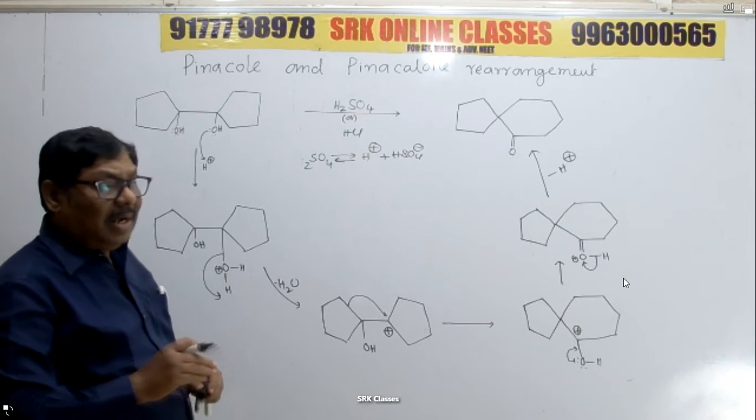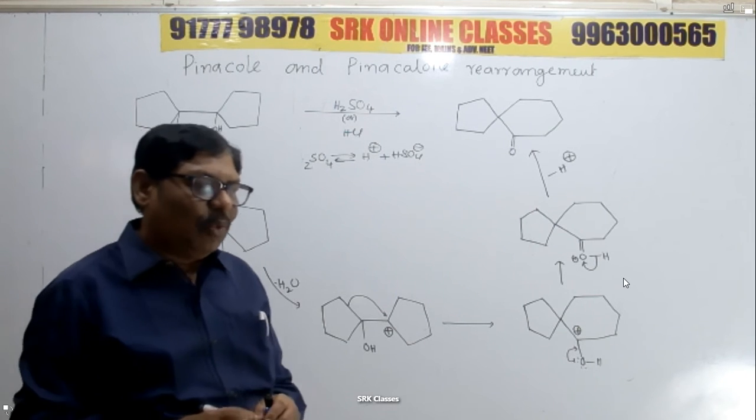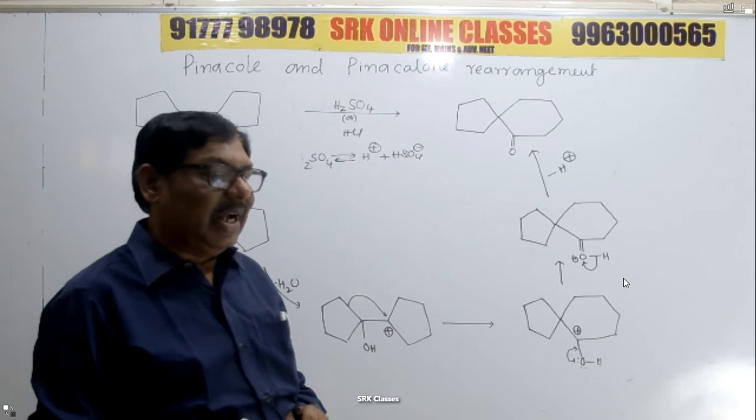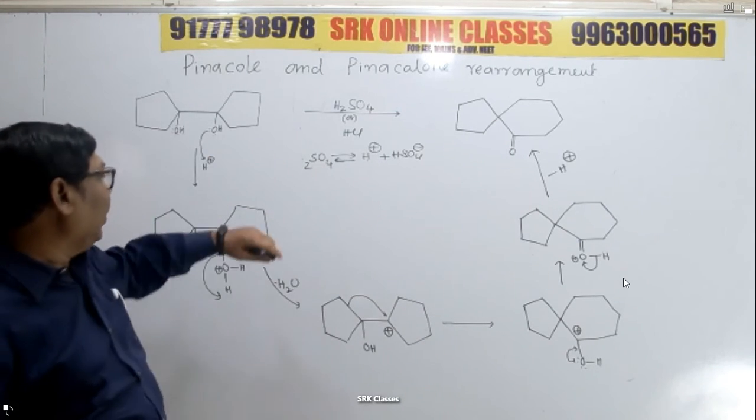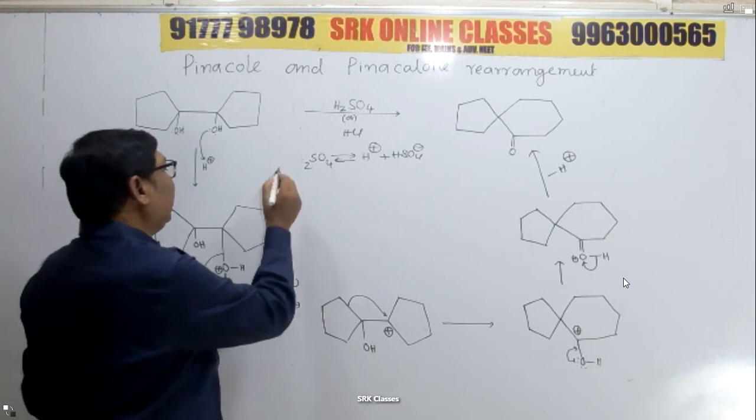Now let us take unequal sizes. One is a 4-membered ring, the other one is a 5-membered ring. Right? Now just check the total part. If you have any doubt, I will clarify. Now look carefully here.